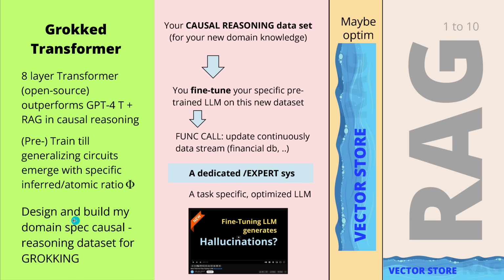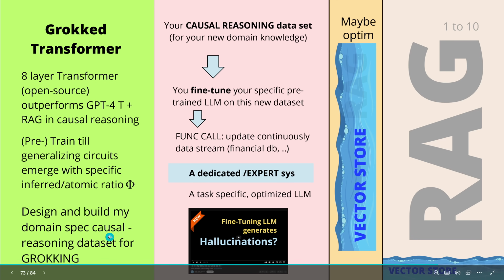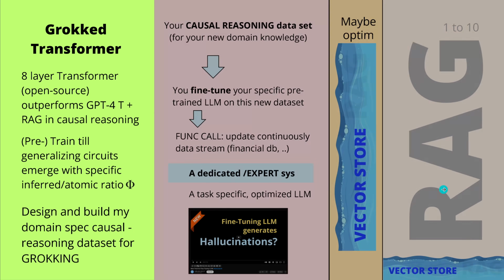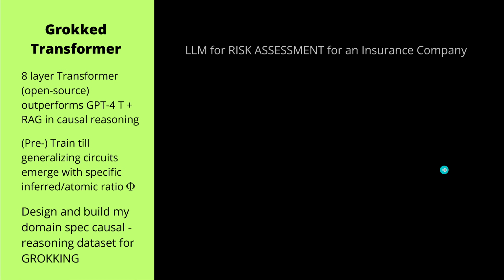And of course, we have to design and build domain-specific causal reasoning data sets that are optimized for an early and effective grokking phase transition to set in the transformer architecture when it is continuously learning. So you see, to build a Grok Transformer is not that easy, but if we master this task, we can get rid of all the problems that we have. So let's look at the Grok Transformer.